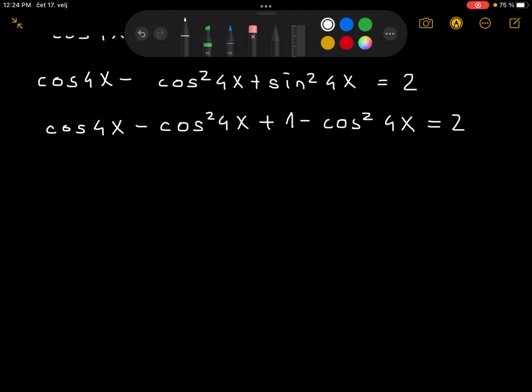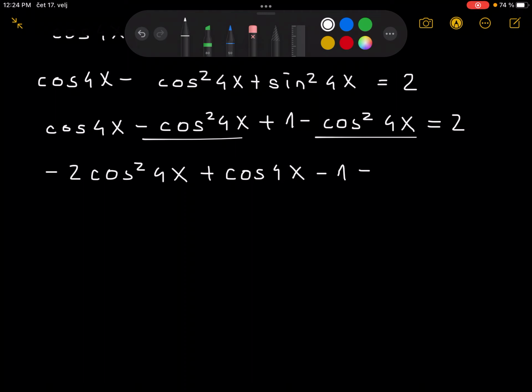Now, when we rewrite this in a slightly better manner, we'll get minus 2 times cosine squared of 4x plus cosine of 4x, and 1 minus 2 is equal to negative 1, is equal to 0.